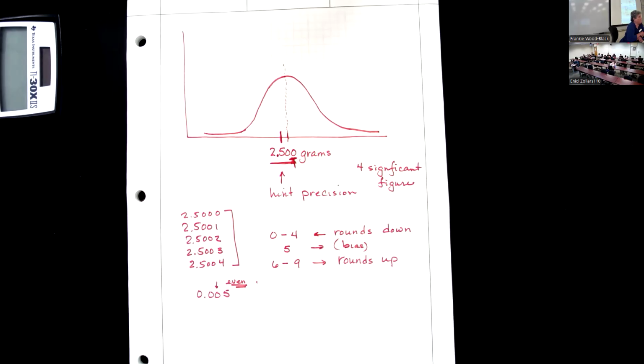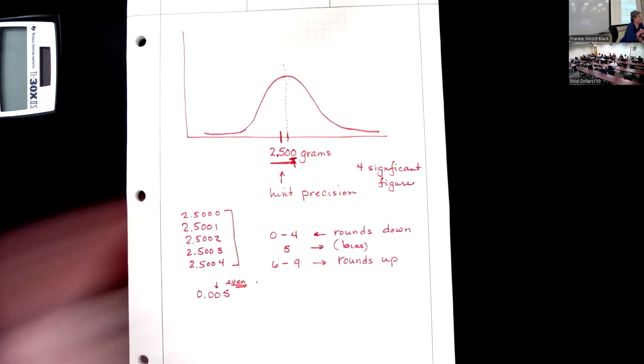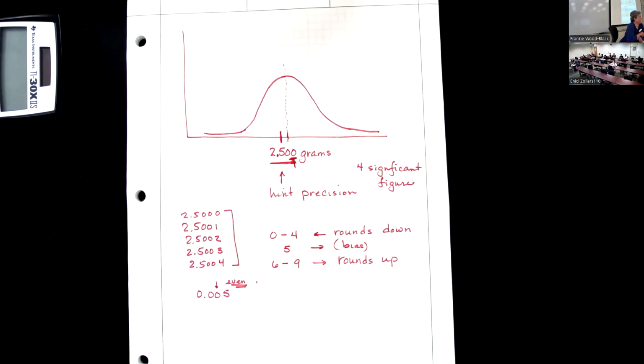We go out, we measure 100 pennies, and it doesn't work. I'll tell you this for a fact, you can go do the experiment. It's not going to come out. It's going to come out just like this. And I'm going to ask you why.